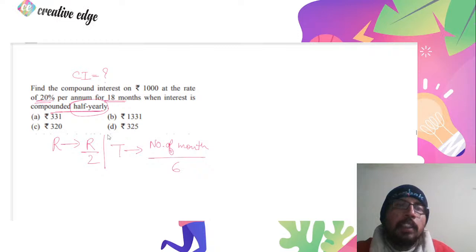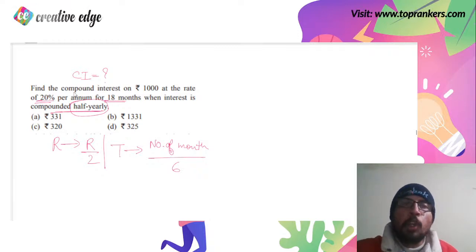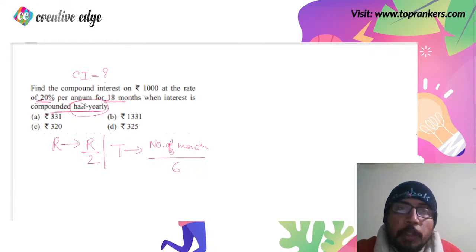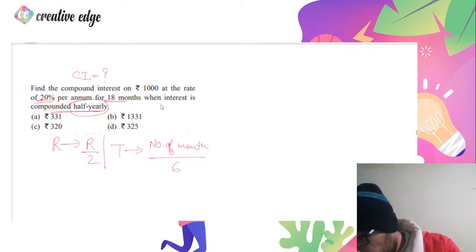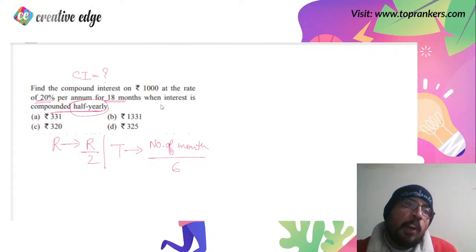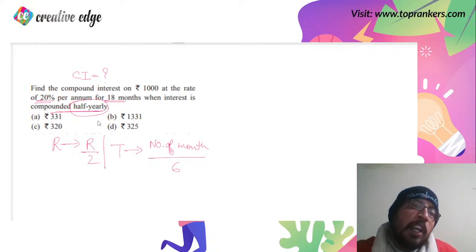I'm sorry people, if it is quarterly, which number will you be dividing by? I would like to hear from you. I am waiting for a response in the comment box. Would someone like to contribute? That for half yearly you will be dividing by 6.